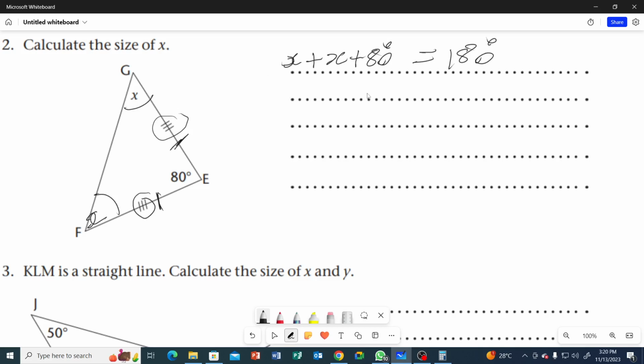Now, when you have a statement like this, you must also write the reason. Reason will be sum of angles in a triangle.